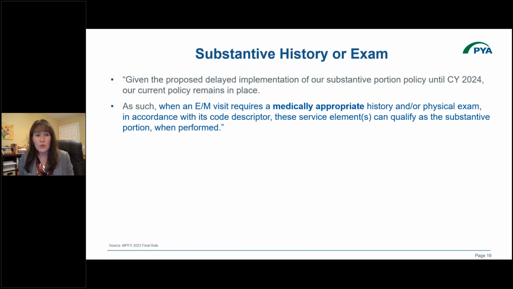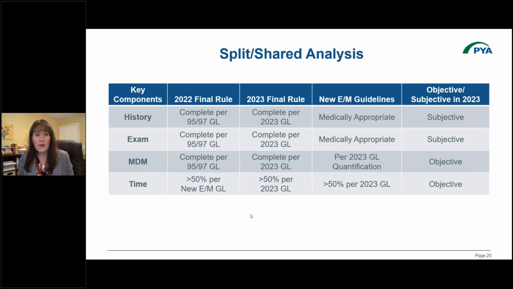So I want to show you also where this is truly subjective. So again, the history and exam and the 95 and 97 guidelines, based on the 22 final rule, required a complete service. I'm sorry, I think I may have that backwards.